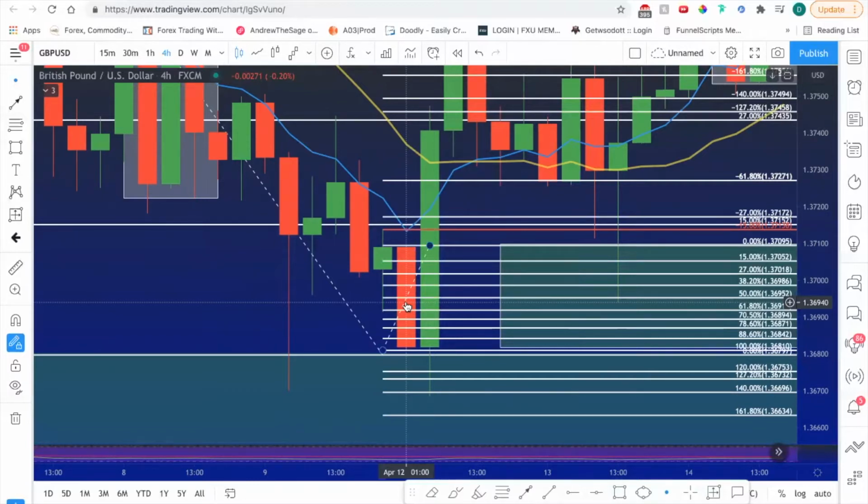Whatever order block you're using to anchor your fib to, whatever candle you use to anchor the fib, that is the candle you draw your fib on, from one intermediate order block to the next intermediate order block. Just swinging the fib from one order block to the next, basically.